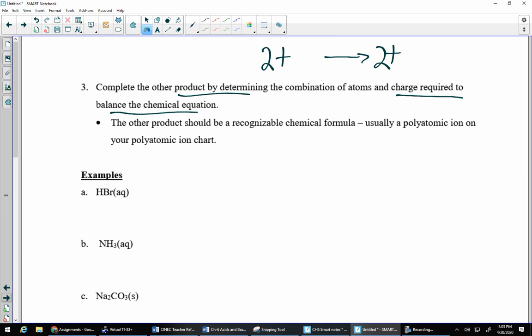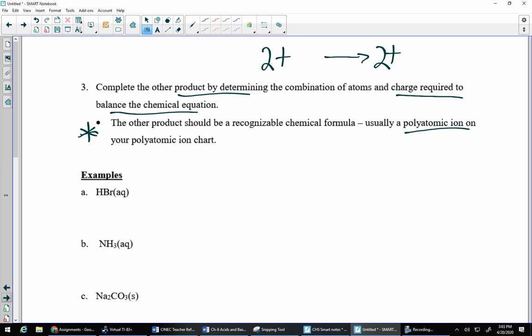Again, we'll show you this in a second. And then finally, one of the most important things, when we're figuring out the other product, not the hydronium, not the hydroxide, the other product should be recognizable. So usually a polyatomic ion or something that you've seen before at least. We'll look at examples of that as we go through.